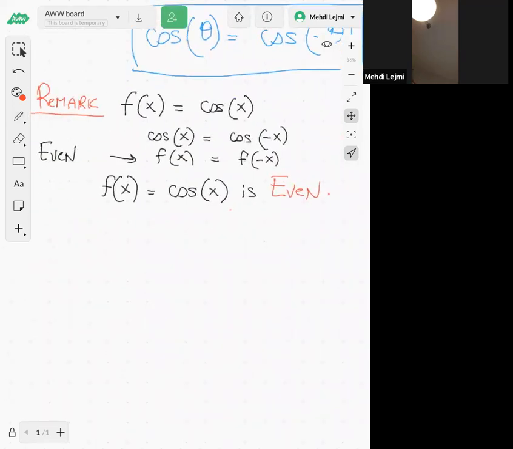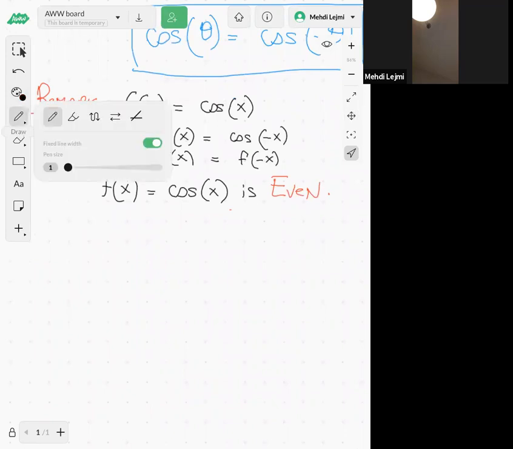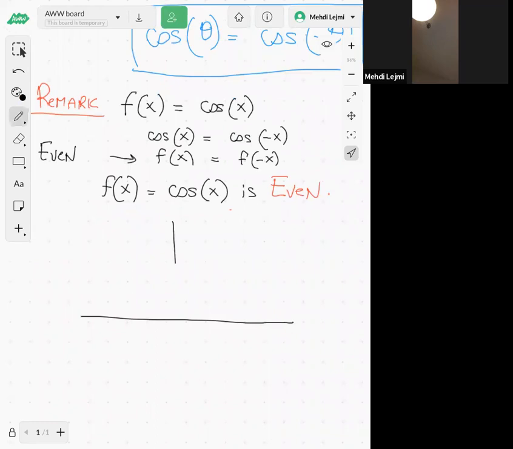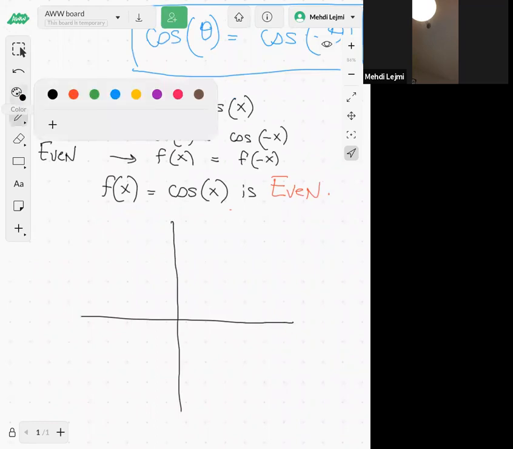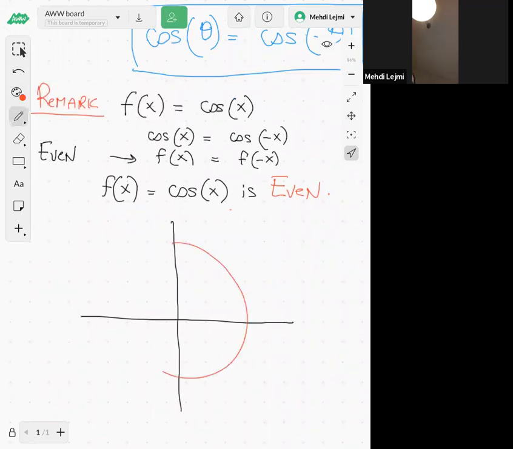Now, guys, for sine, same story. I have my unit circle. I'm gonna take some angle theta. Let's say I'm gonna take this angle here. So here's my angle theta. It's positive.